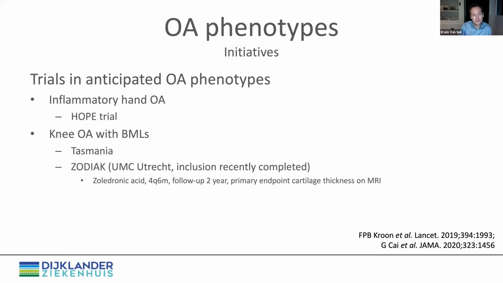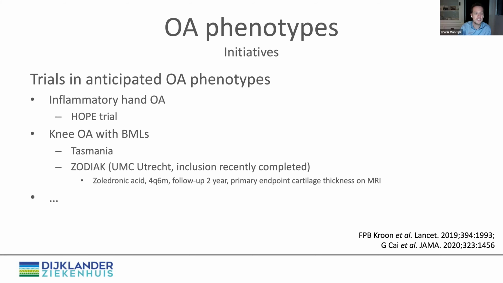So, although I think at first enthusiasm about this bone phenotype was bigger than nowadays by the disappointing trial from the group in Tasmania, I still think this is an interesting group, and I still read many publications on the potential of this subgroup. I'm very eager to see, very curious to see where this will go.